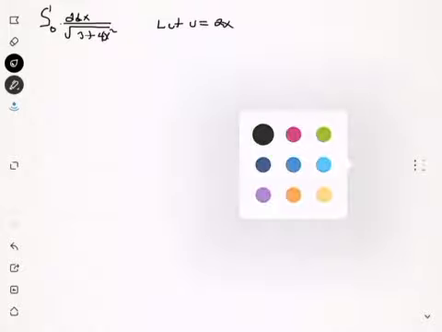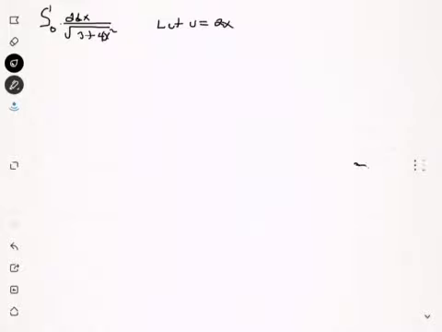We're going to let u equal 2x and a equal to the square root of 3.